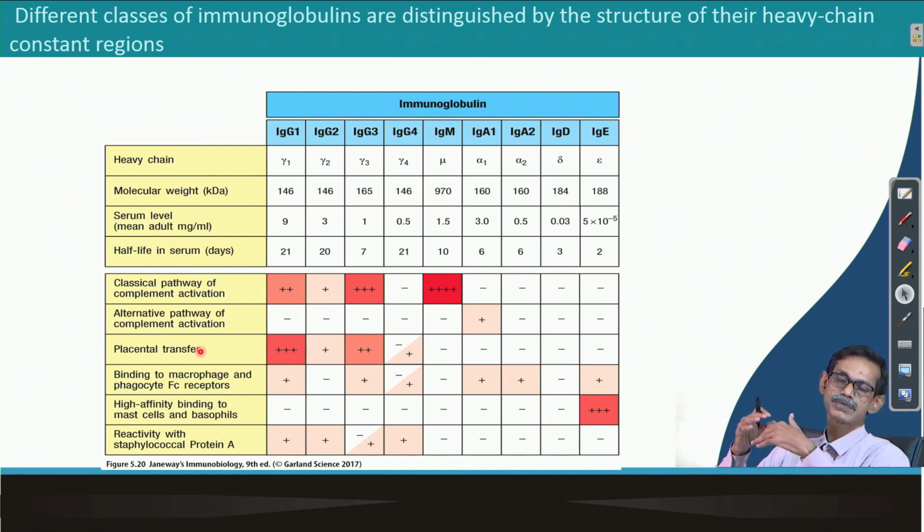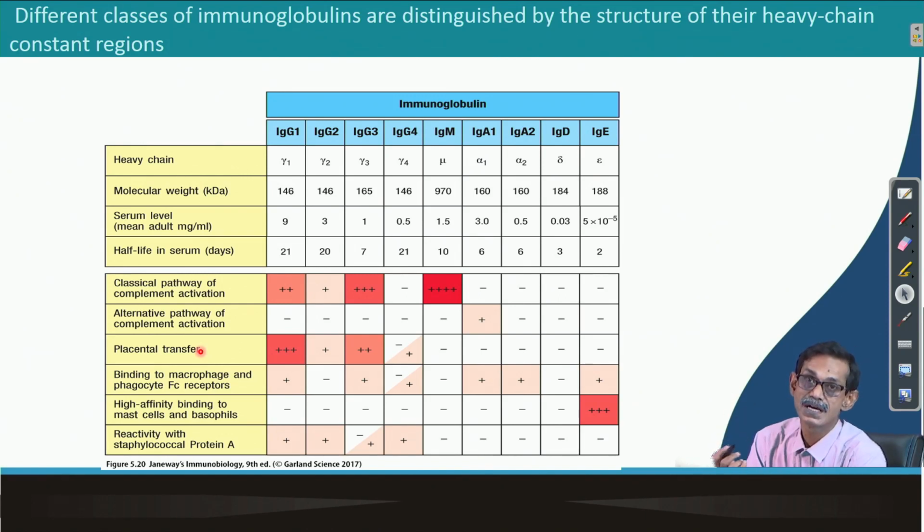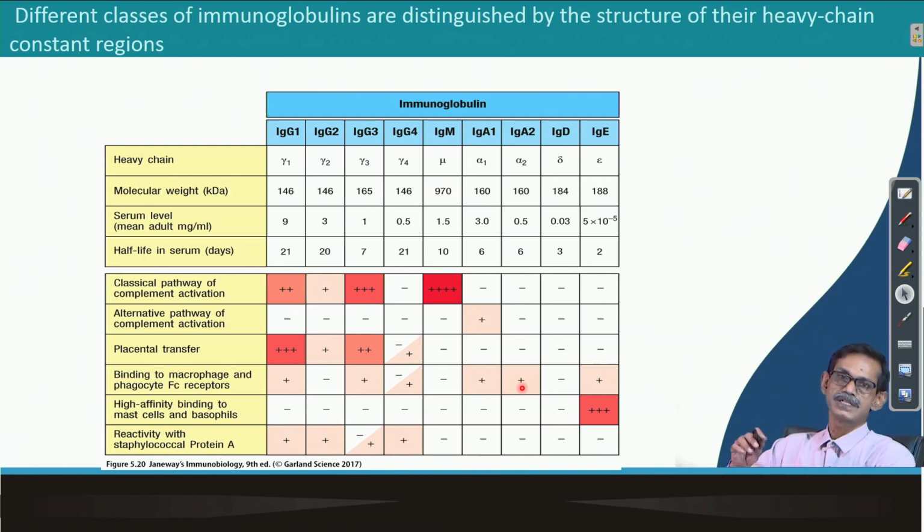So, any protection of a baby inside the womb is taken care of by the antibody present in the mother's blood. If an antibody cannot cross the placental barrier, then it cannot help. So, not all antibodies cross the placenta. There are a few, like IgG1, and you can see from here, and gradually you can see what is happening.